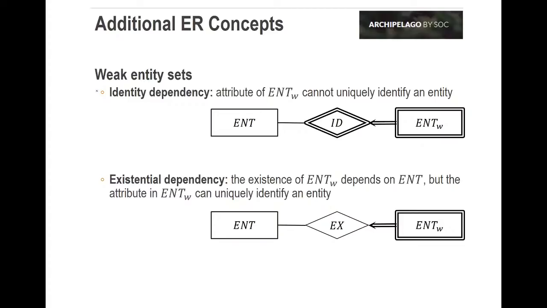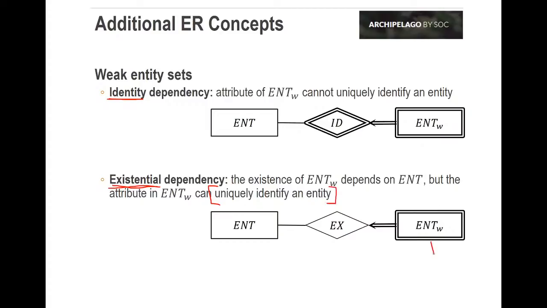But there are two kinds. One is identity dependency, and the other one is existential dependency. So what is identity dependency and what is existential dependency, and how do we differentiate them? The only difference between them is that an existential dependency can uniquely identify each of the entities.